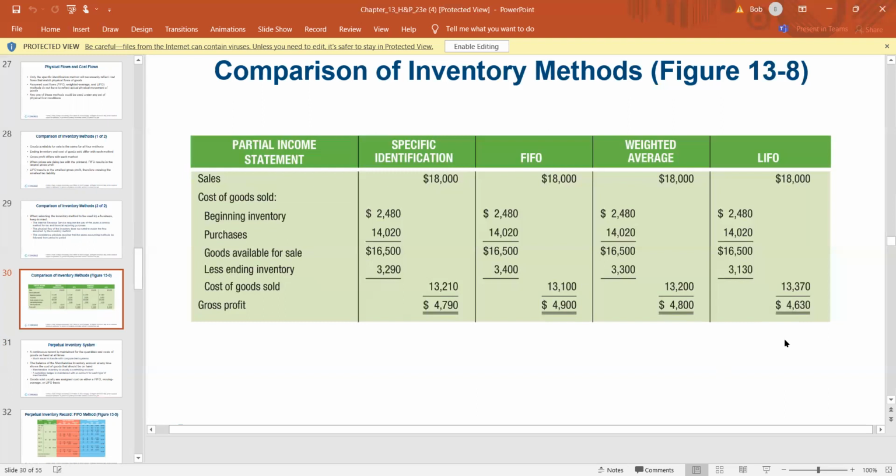We're a big company. The difference is $270 million multiplied by a 30% tax rate. This company here saved $81 million in taxes over FIFO. So you may use the LIFO method to consistently lower the net income and thus pay fewer taxes.